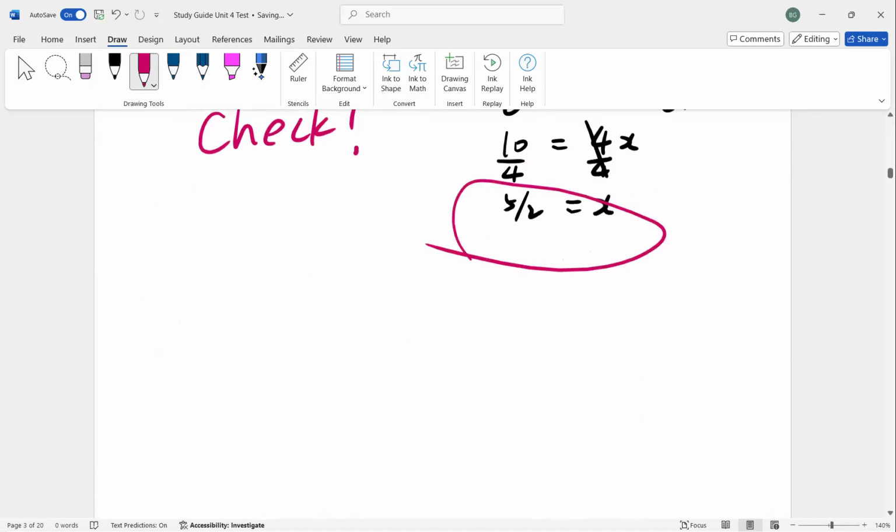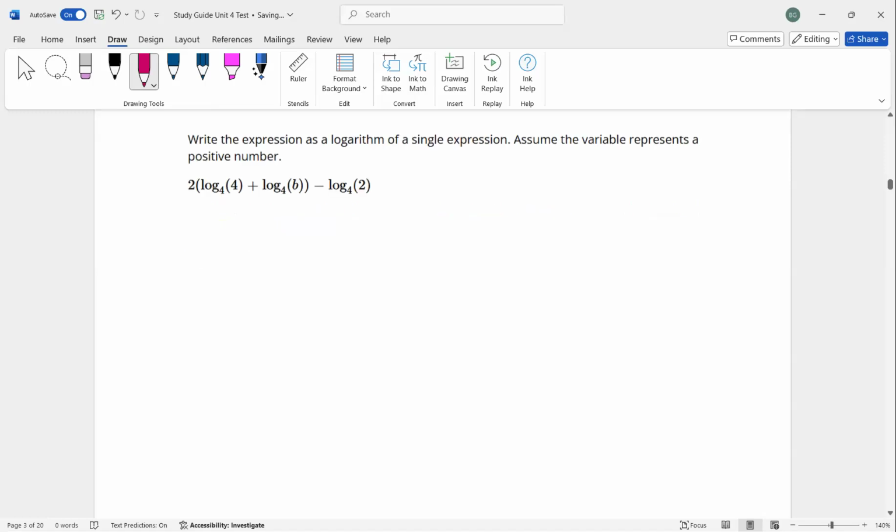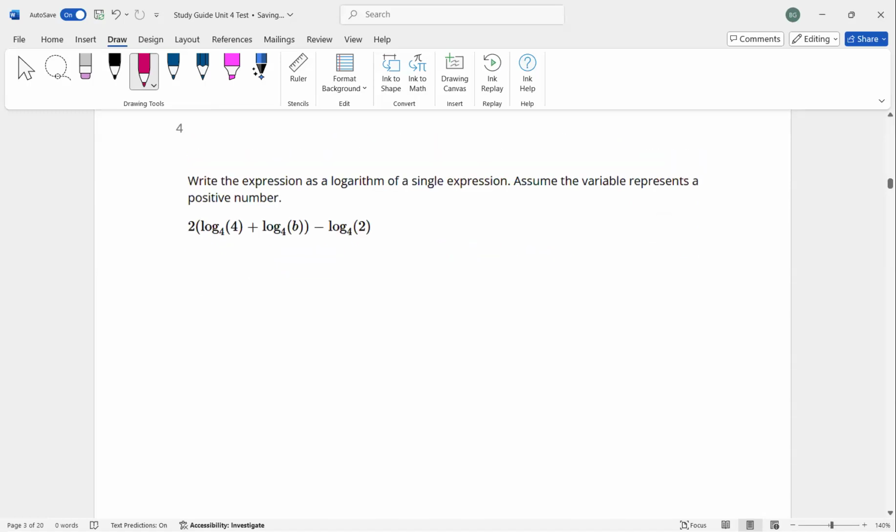Next, question number 4. Write the expression as a logarithm of a single expression. Assume the variable represents a positive number.